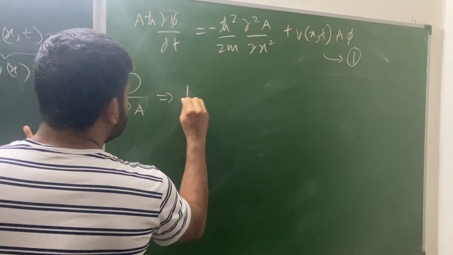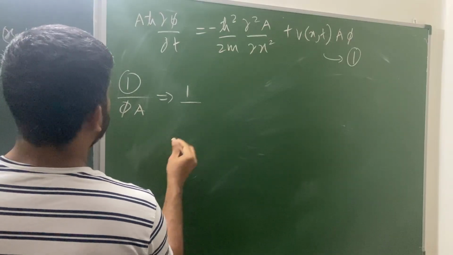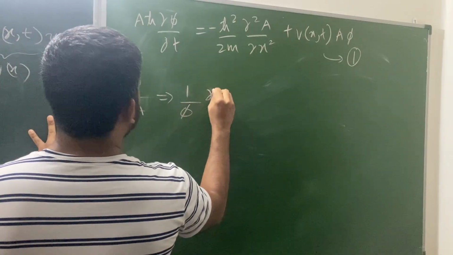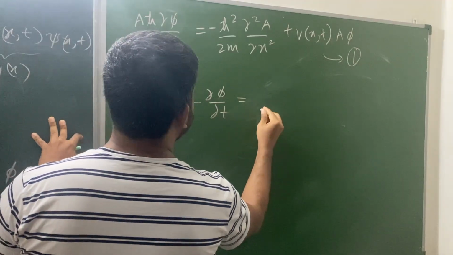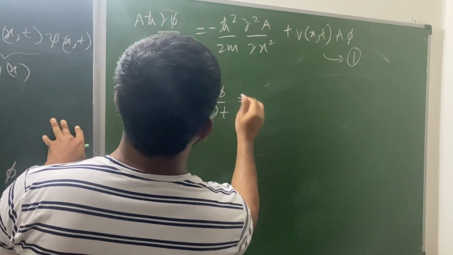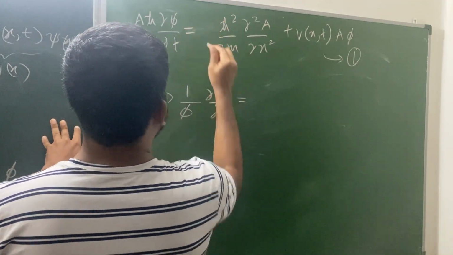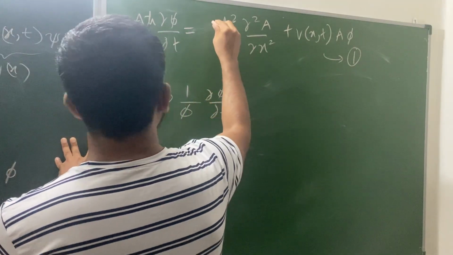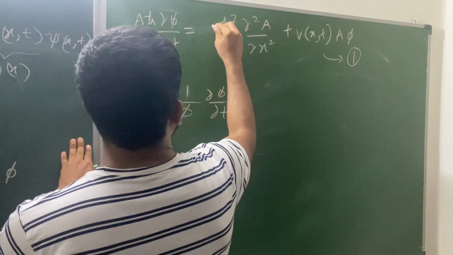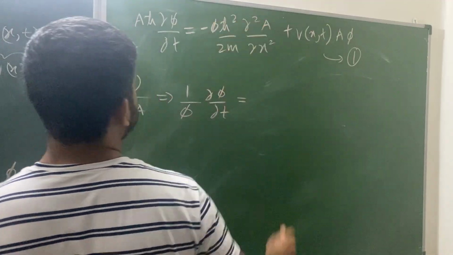So here I will end up with 1 over phi, and here ∂phi over ∂t. And here I will end up with, oh, where's my constant? Where has it gone? No, we have to have it, which is i h bar here. Oh, I can't forget about it. Sorry, my bad, guys. Then here minus.